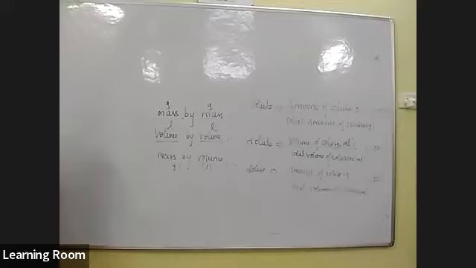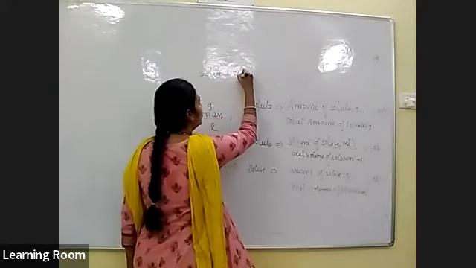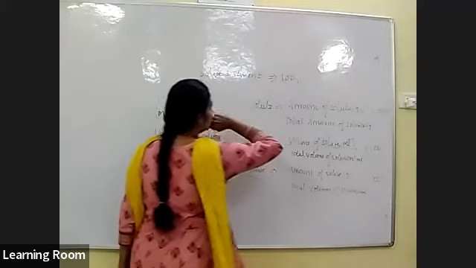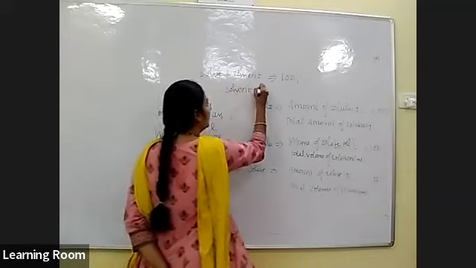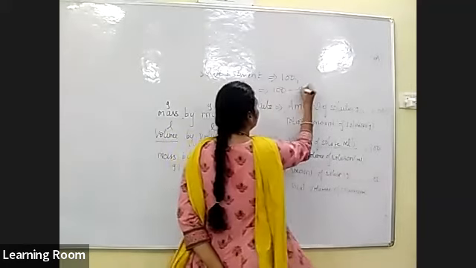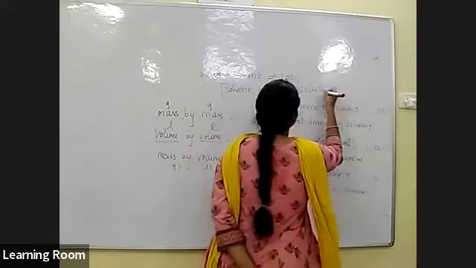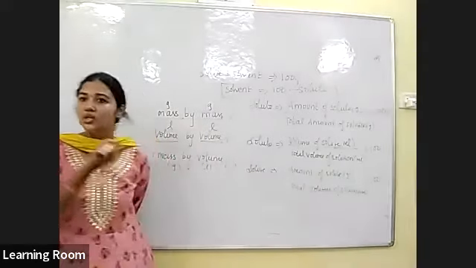So solute plus solvent is equal to solution, which is 100%. From this, the formula for solvent is 100 minus solute. Likewise, for solute, it is 100 minus solvent. This is also another formula.